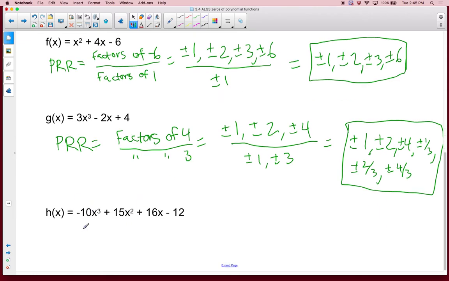This one is a little bit longer. You still list all the factors of negative 12 over the factors of negative 10, and you'll end up getting a lot. So for the numerator, we have plus or minus 1.